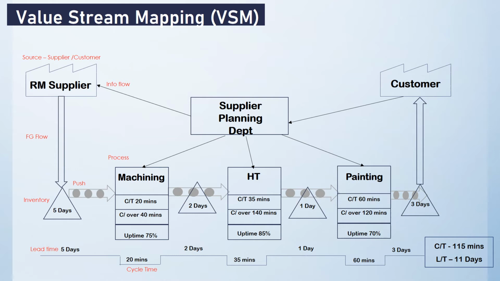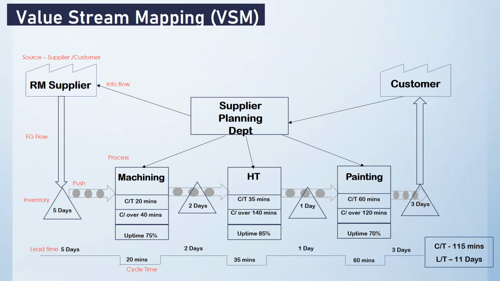For a process, a triangle is used with the boxes, and information flow is a simple arrow. Other than that, terminologies like cycle time and lead times are mentioned at the bottom with inverted boxes. These are the symbols basically used in value stream mapping.